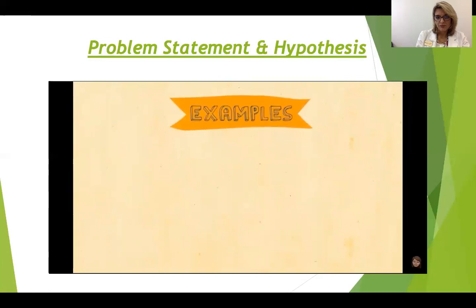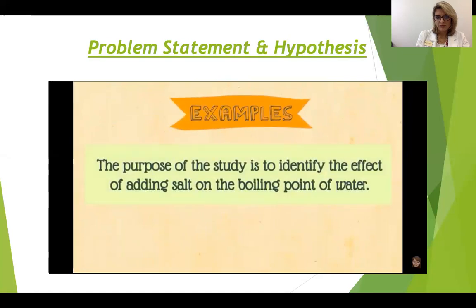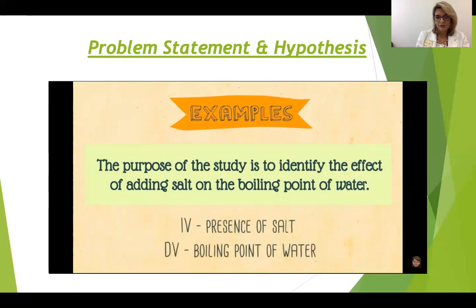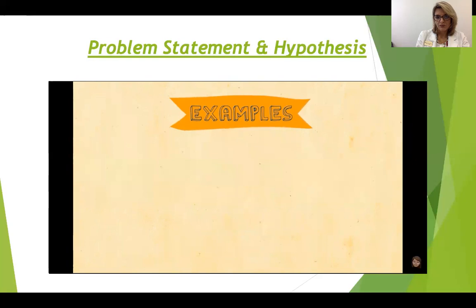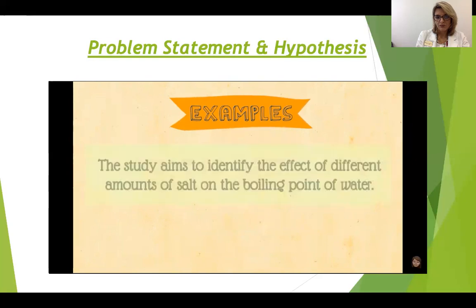Here are some more examples. The purpose of this study is to identify the effect of adding salt on the boiling point of water, where the independent variable is presence of salt and the dependent variable is the boiling point of water. Another example is, the study aims to identify the effect of different amounts of salt on the boiling point of water.